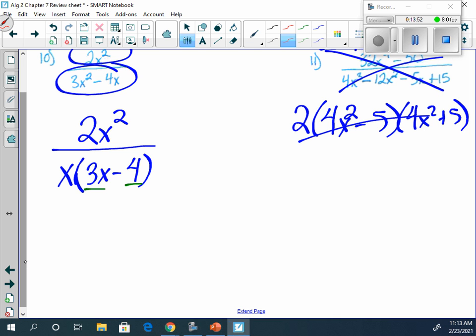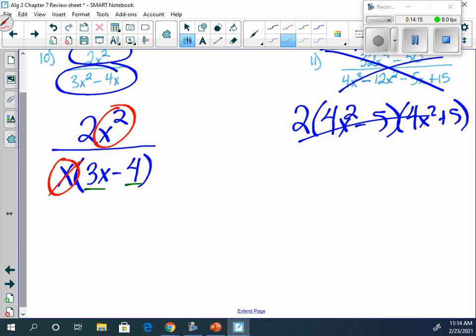Okay. Now we have the numerator and denominator factored completely, and they're simplified down. So we need to see, is there anything in common on top and bottom? Well, they both have this x term. And because we have multiplication, they're being multiplied. X is being multiplied by the 3x minus 4. 2 times x squared, we can simplify this.